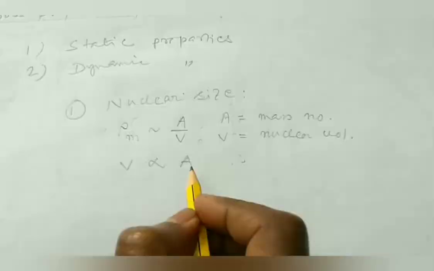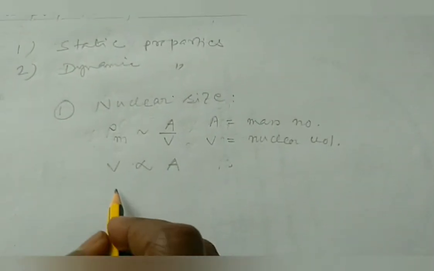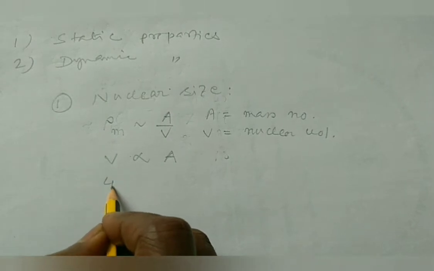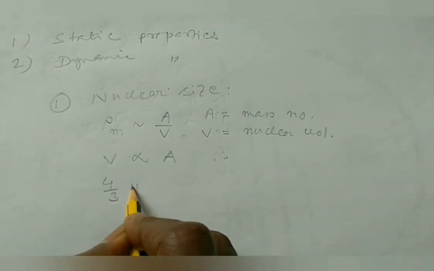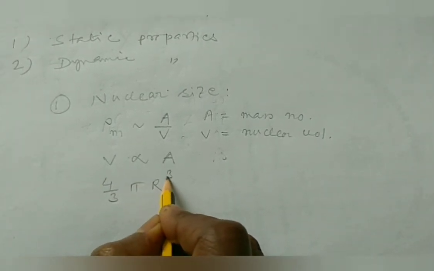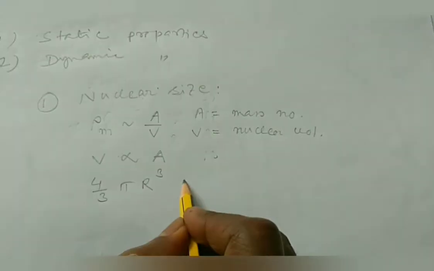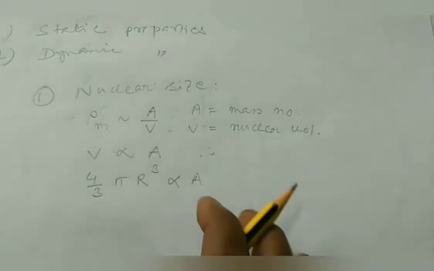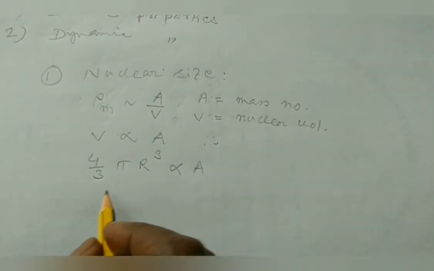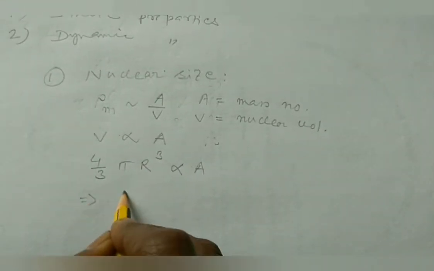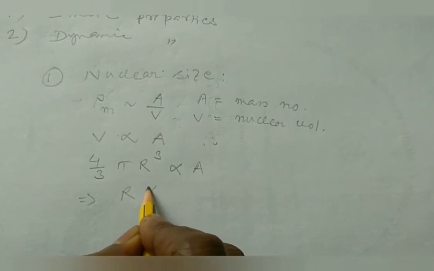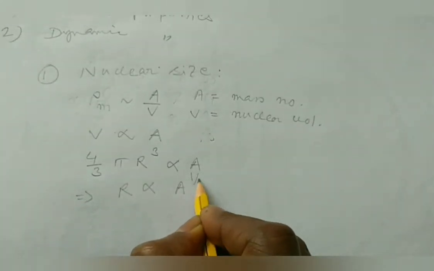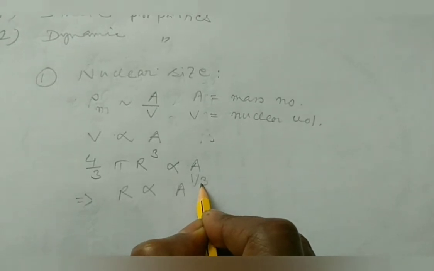Now if we consider a nucleus as a sphere, then we may write V equal to 4/3 pi r cube proportional to A, where r is the radius of the spherical nucleus, or r proportional to A to the power 1/3.